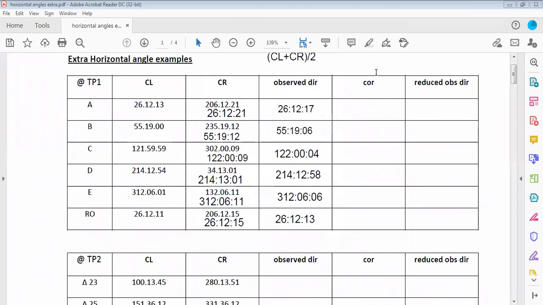Can you please explain column C? Are you talking about this column? Okay, now which column are you referring to?